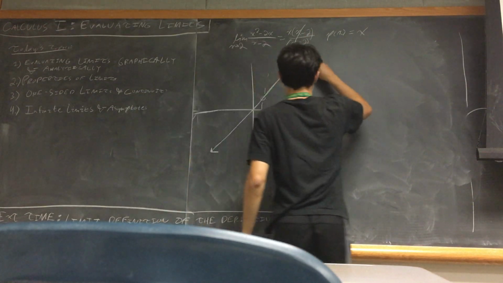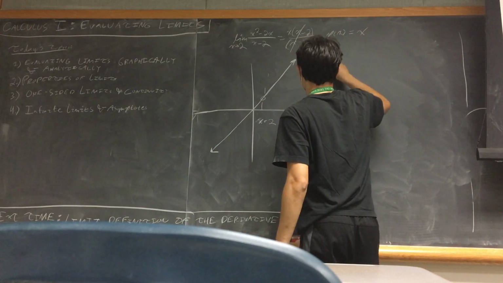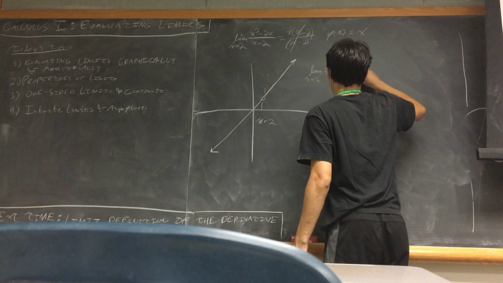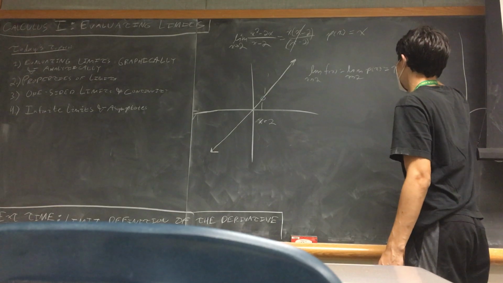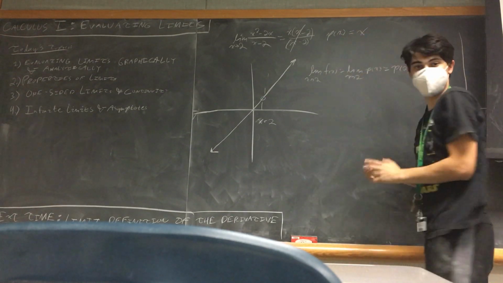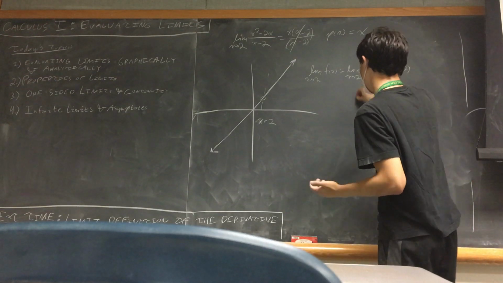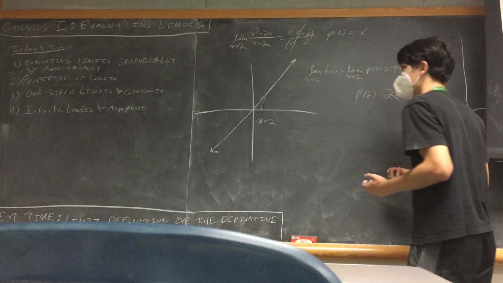So we can say that the limit as x approaches 2 of f of x is equal to the limit as x approaches 2 of p of x, which is equal to p of 2. In this, we can directly substitute 2 into and get an answer that is not in an indeterminate form. P of 2 is equal to 2.